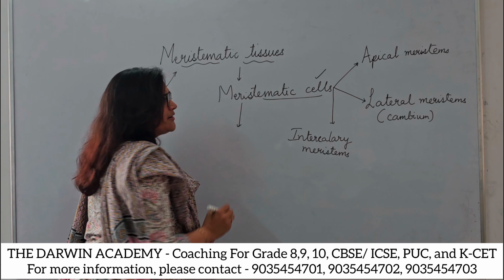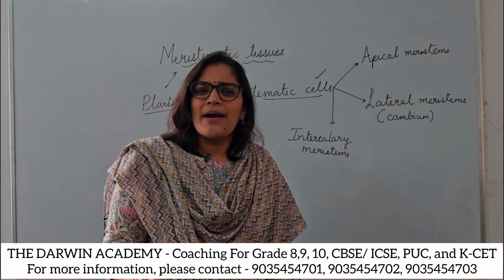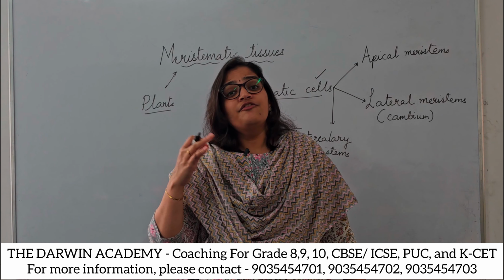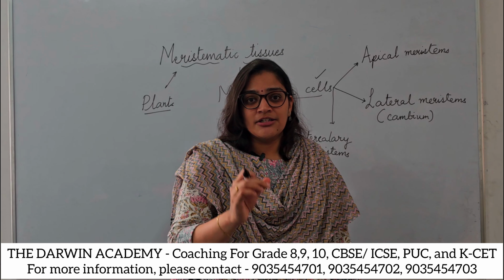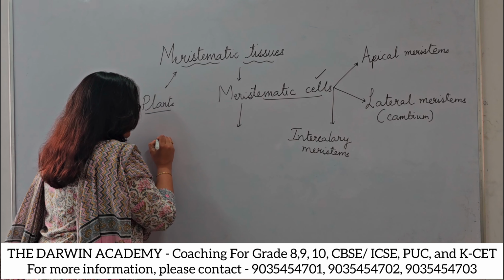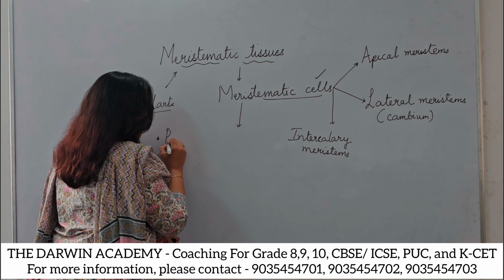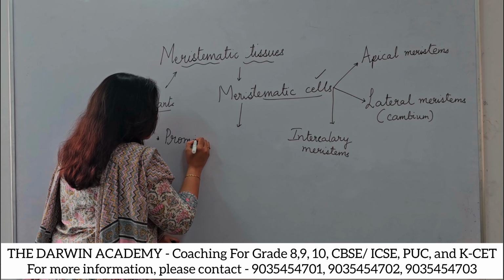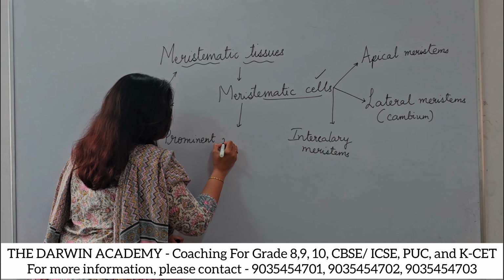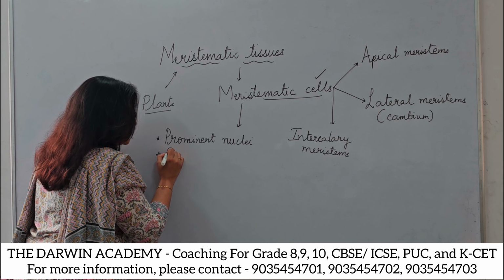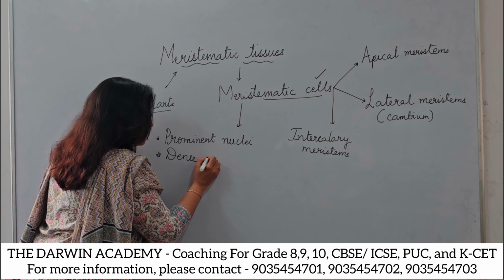What are the characteristic features of these meristematic cells? How can I distinguish the meristematic cells from the other cells within the plant? For that, here you go. The meristematic cells have prominent nuclei. They have a dense cytoplasm.